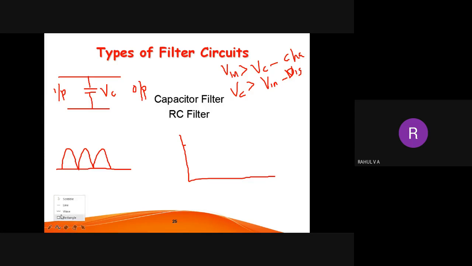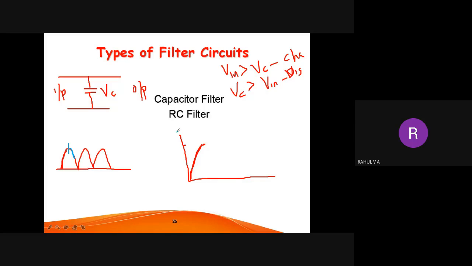So initially the capacitor will charge according to this voltage. It will charge to the maximum voltage as in the output of the full wave rectifier. And when it has reached the peak, what happens? Your input voltage starts reducing. After reaching the peak, it starts reducing.